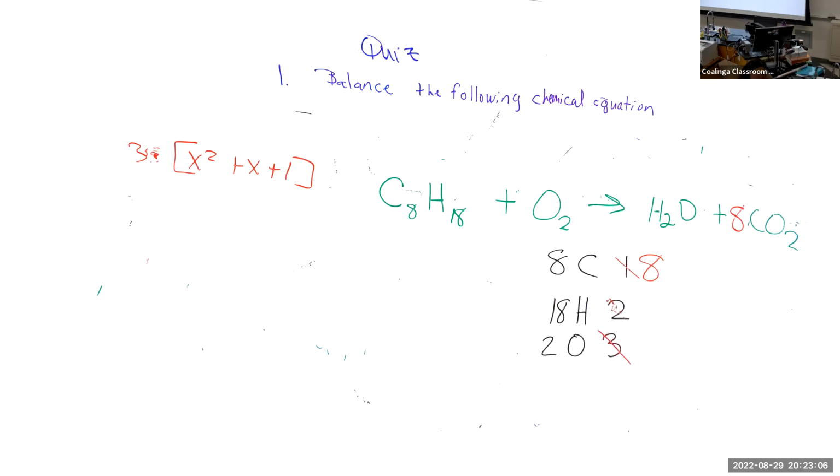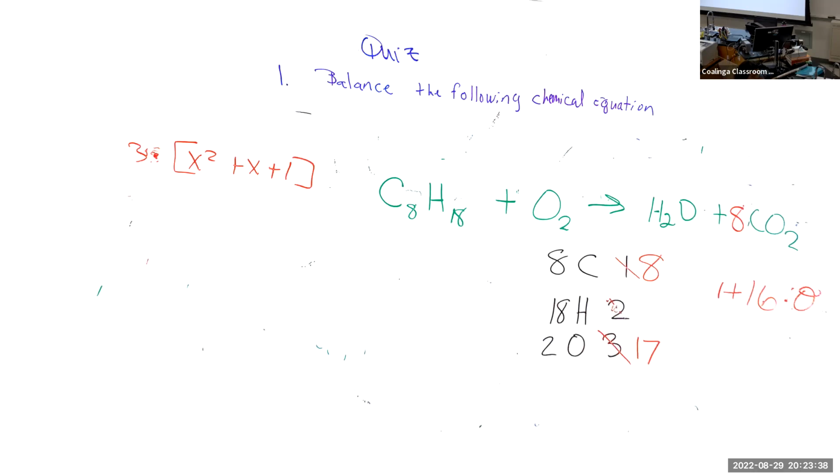Wait, no, I'm at 17, 17, 17. So 8 times O2 is what? 16. Plus 1. Okay. So we have 17. And then we need to add a 9.